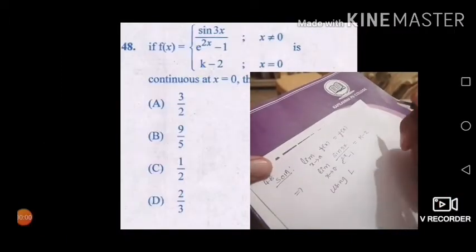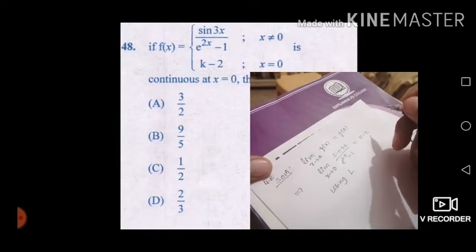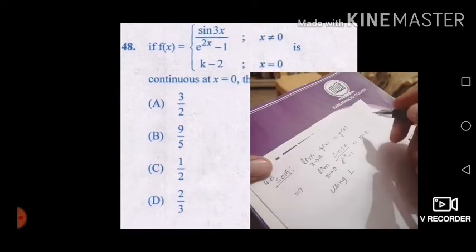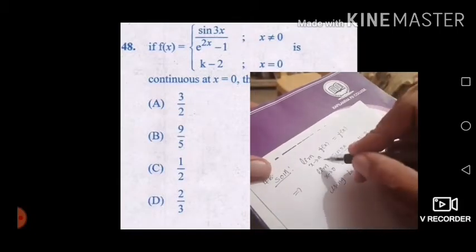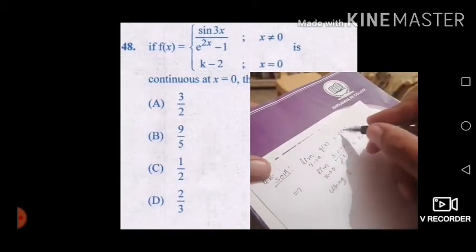Number 48. Given the function sin 3x divided by e power 2x minus 1 when x is not equal to 0, and k minus 2 when x is equal to 0. Here we have to find the k value. So let us write in limit form. We know that limit as x tends to a of f of x is equal to f of a.